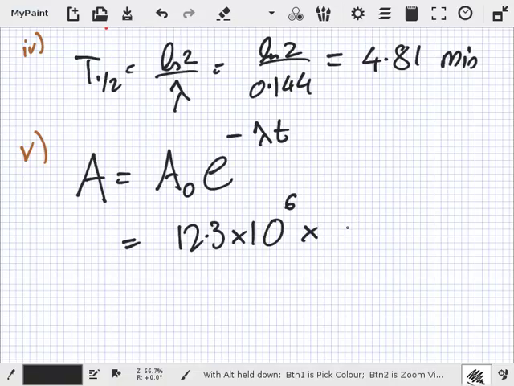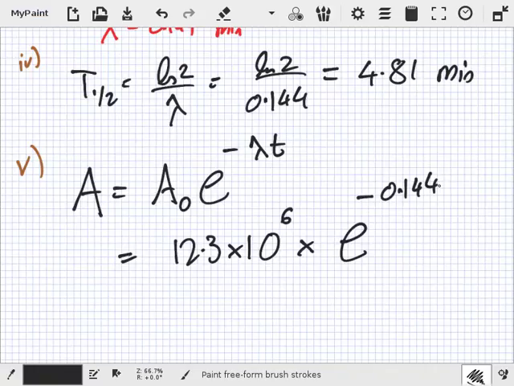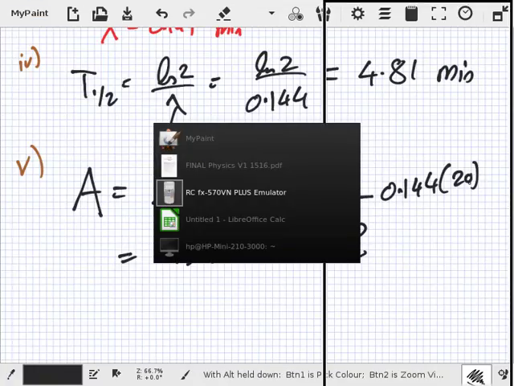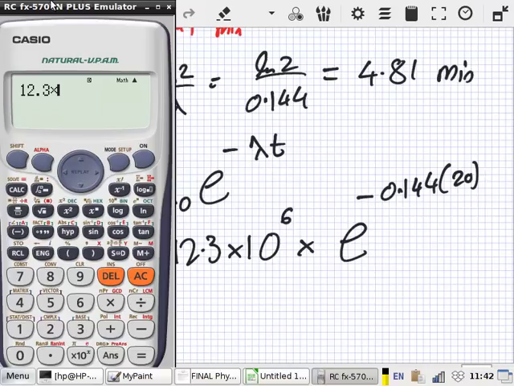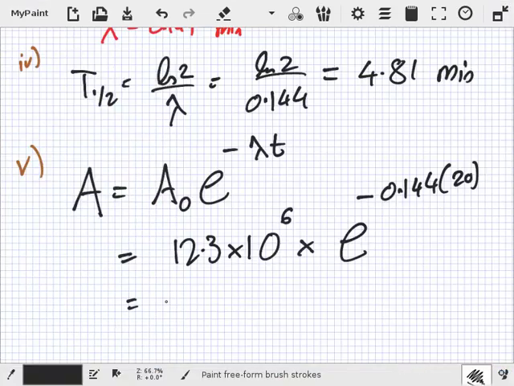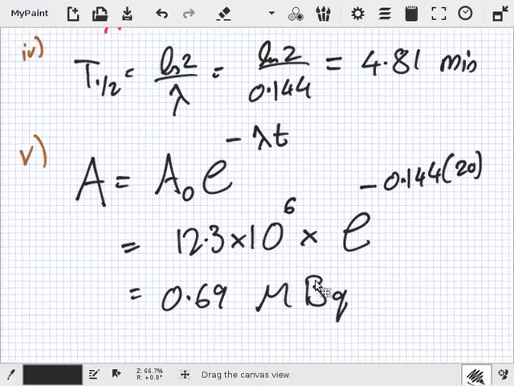E minus lambda T gives 0.69 mega becquerel.